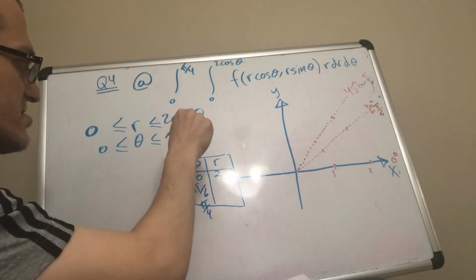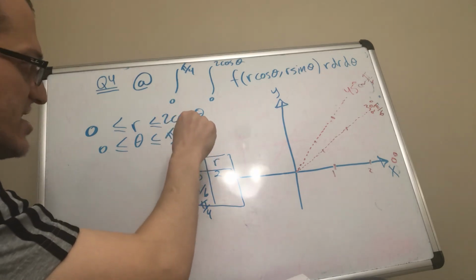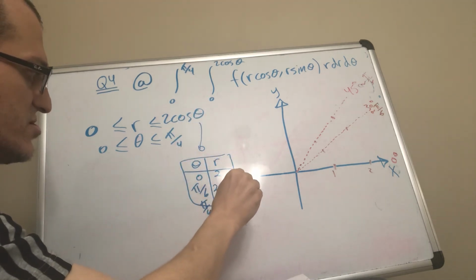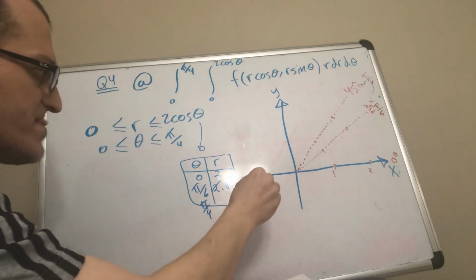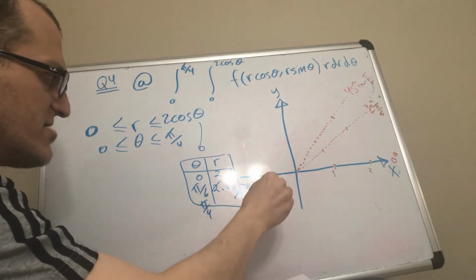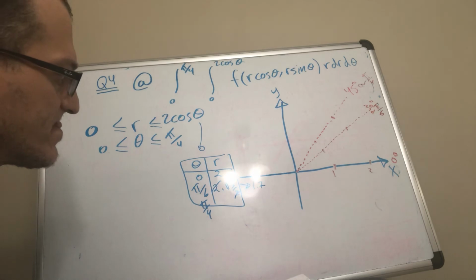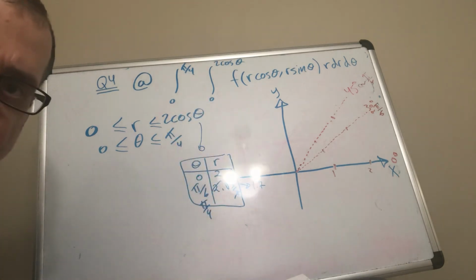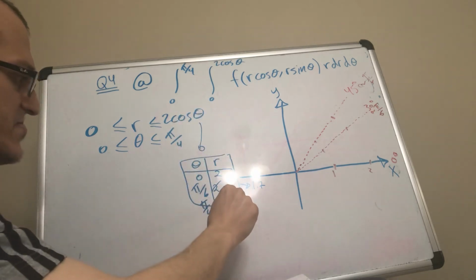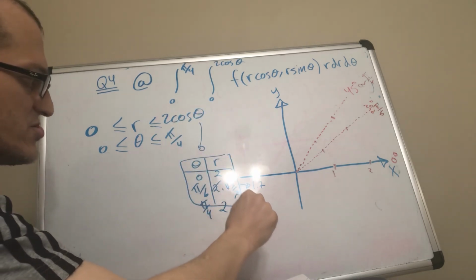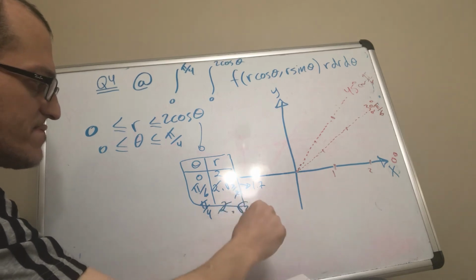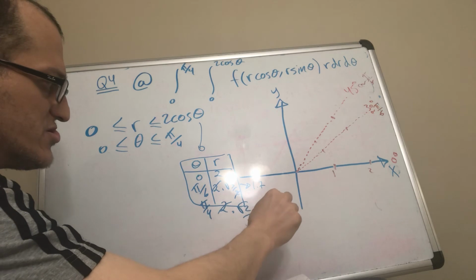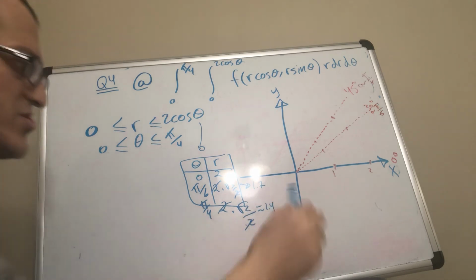Pi over 6, 30 degrees, cosine is root 3 over 2, so 2 times root 3 over 2 is root 3, about 1.7. For pi over 4, 45 degrees, cosine is root 2 over 2, so the answer is root 2, about 1.4.